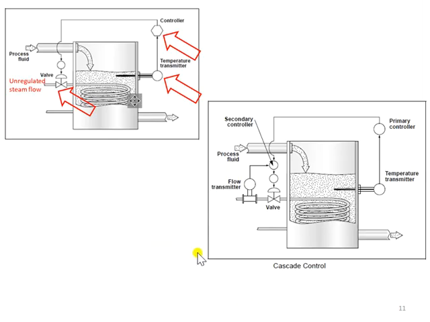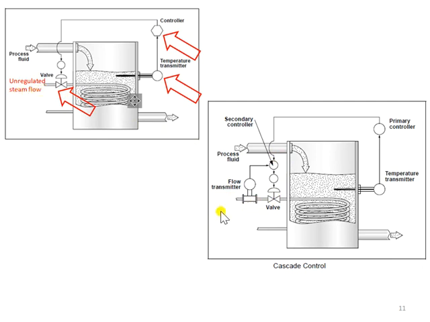So this problem can be solved by introducing a secondary control loop, which can be realized through cascade control. So if we look here, this is the improvement we have made to overcome the unregulated steam flow rate.